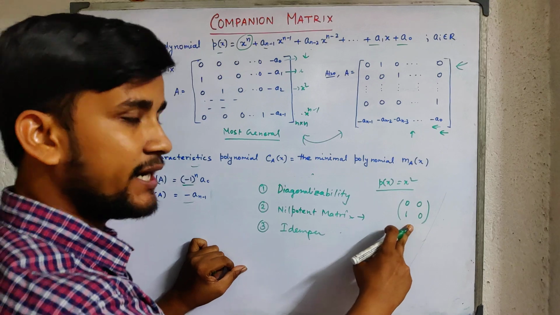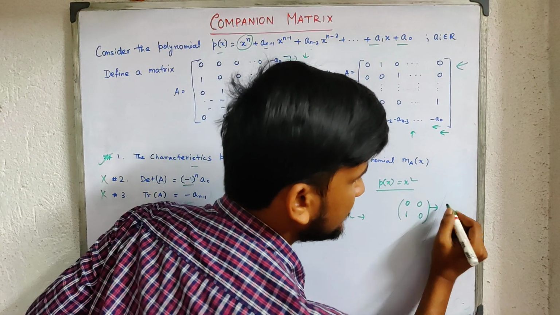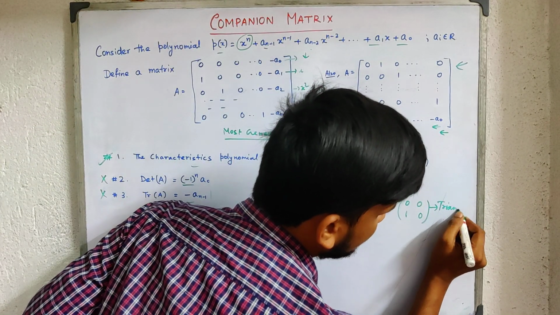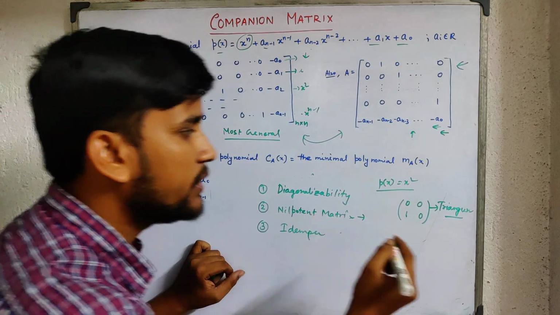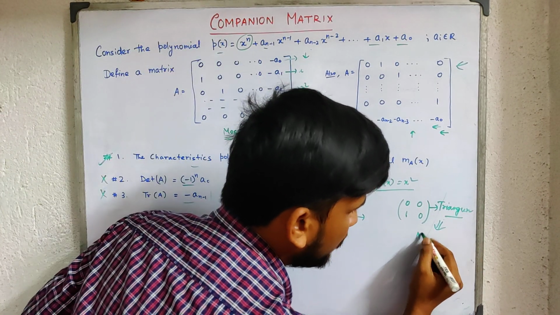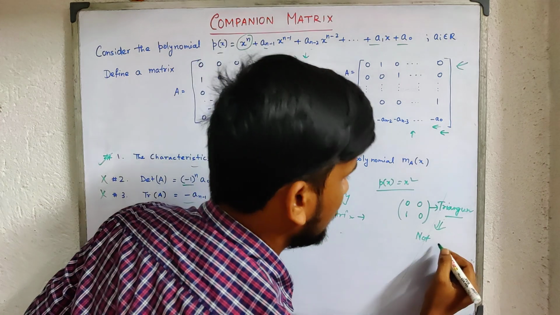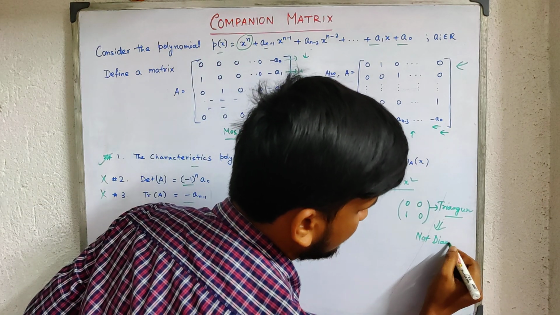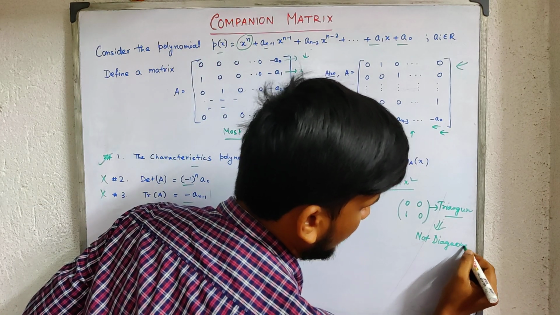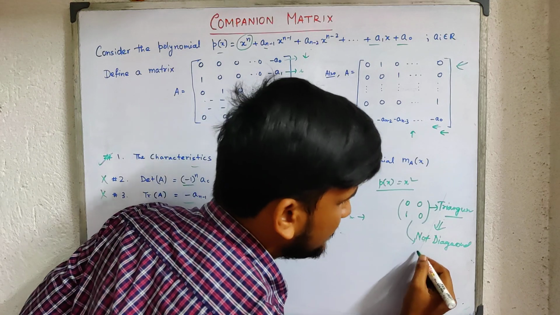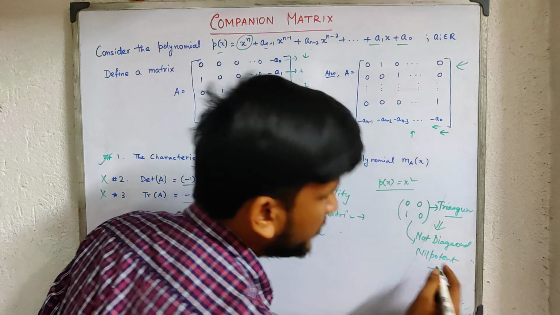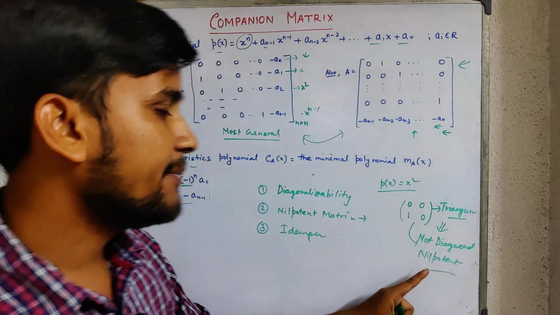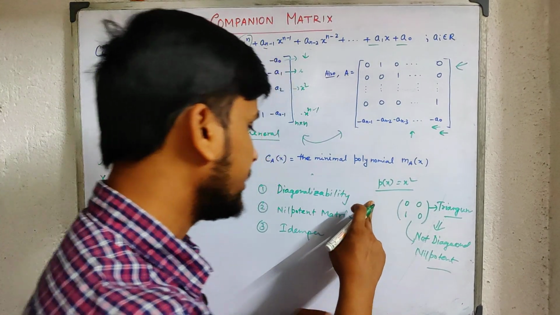This is definitely a triangular matrix, a lower triangular matrix, and this is not a diagonal matrix, because this is a non-zero nilpotent matrix. So this is a nilpotent matrix, that's why it is not diagonalizable.